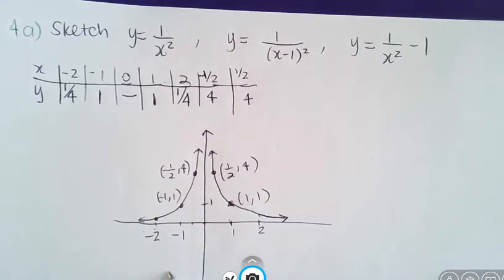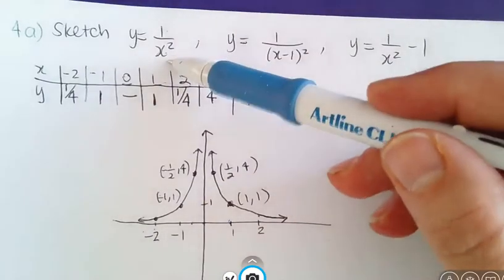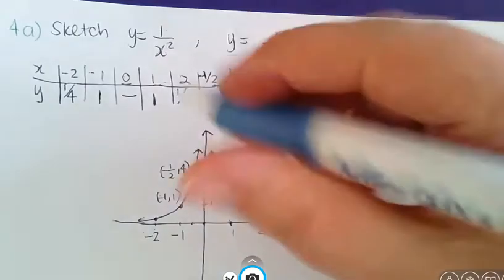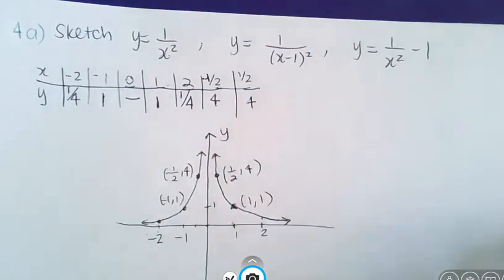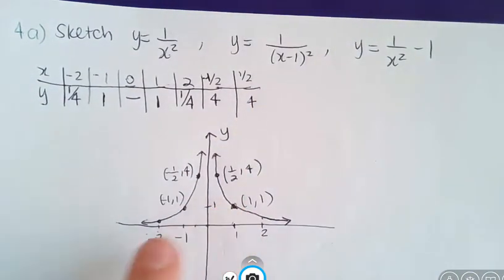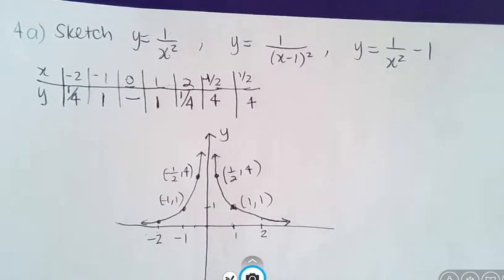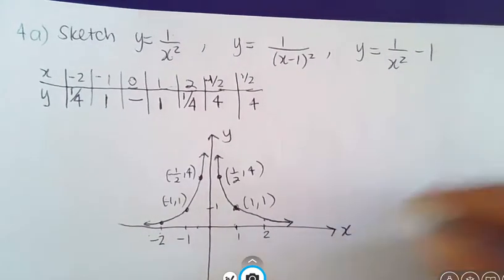Why can't I get values down here? Because y can't be negative, because you've got x squared. So 1 divided by a positive number will always end up here. When x is 1, you get the same as if x is negative 1, and when x is 2, I got the same answer as when x was negative 2. So it's a hyperbola, but above the x-axis with no negative values.